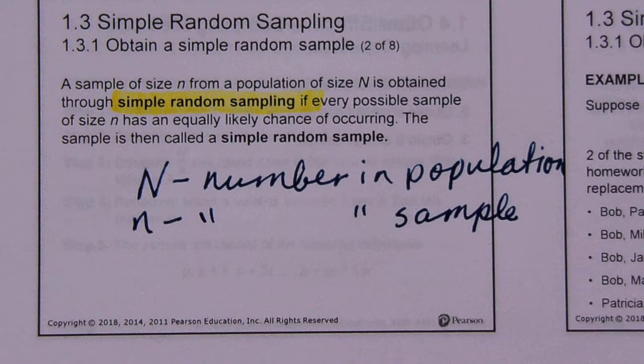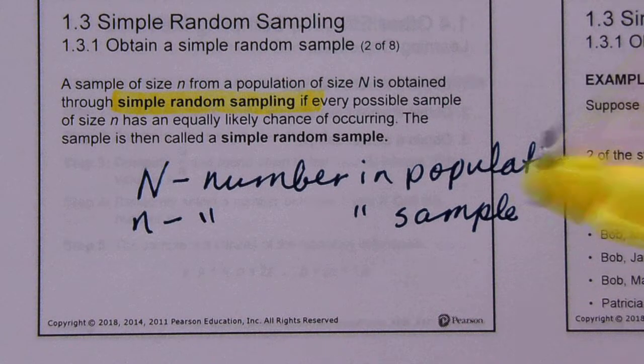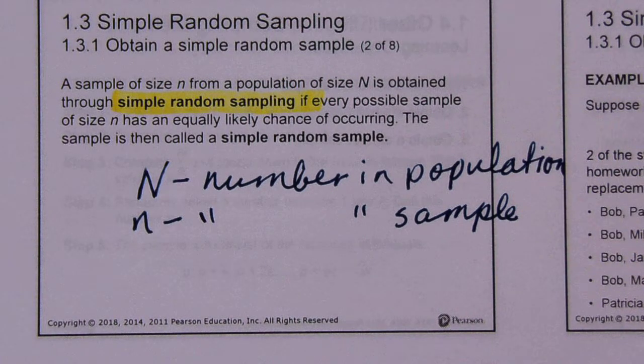All right, so if we choose our sample in such a way that every person or every object in the population has the same chance of being selected, then that's a simple random sample. If I want a simple random sample of Midland College students, I would number off every student at Midland College.